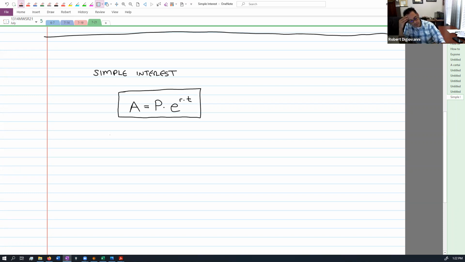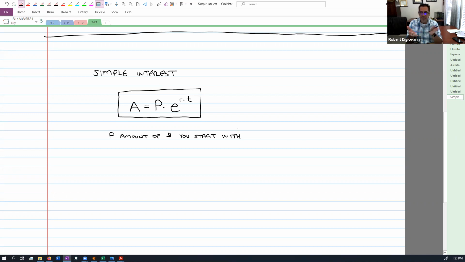First of all, P is the amount of money you start with. It's called P because in financial terminology, P stands for principal, which is the original amount. So this might be the amount that you borrow initially.